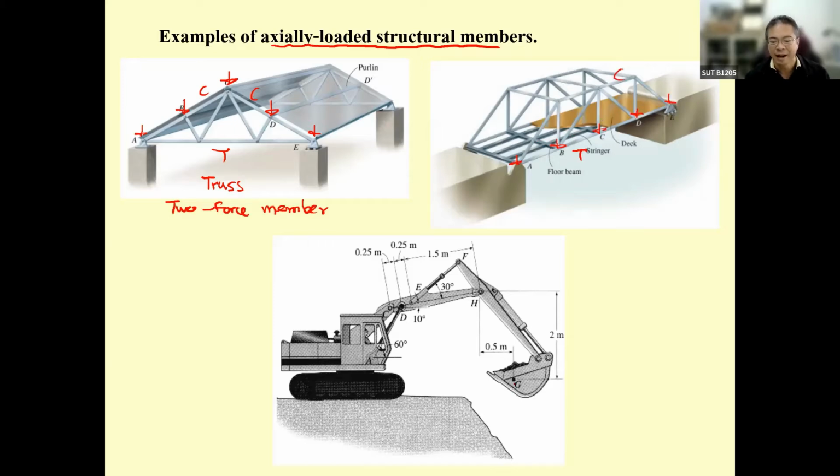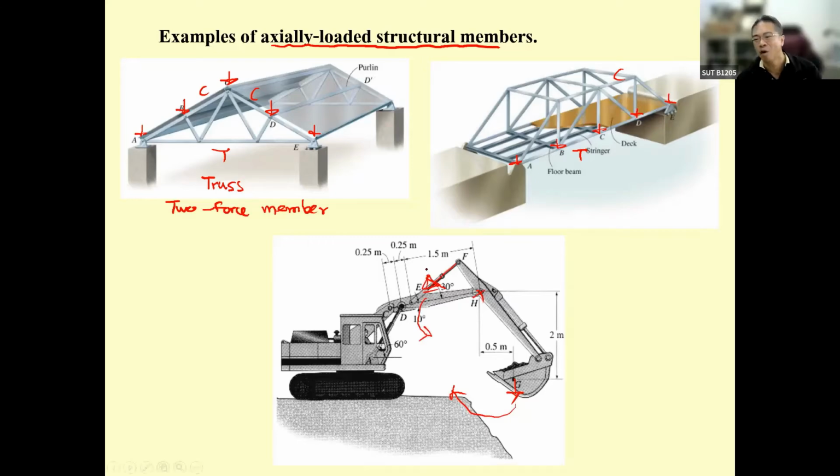And then coming to the machine like this. If you have the weight here, you're talking about this member. The weight is going to try to rotate about this point, and the force here is going to rotate in this direction. That's why you know the direction of the force in this hydraulic cylinder.